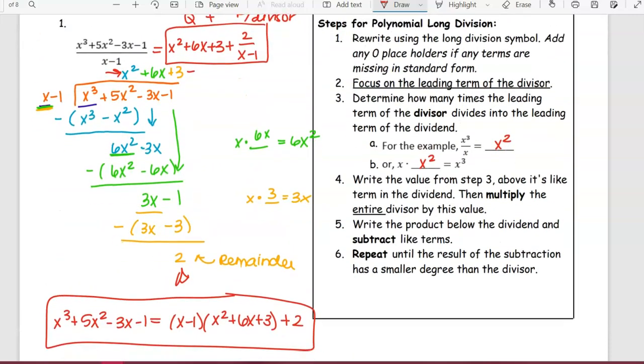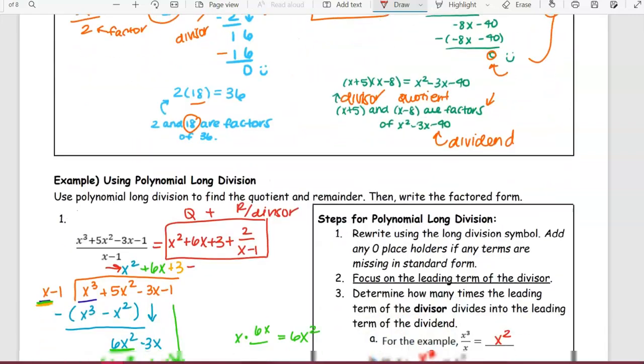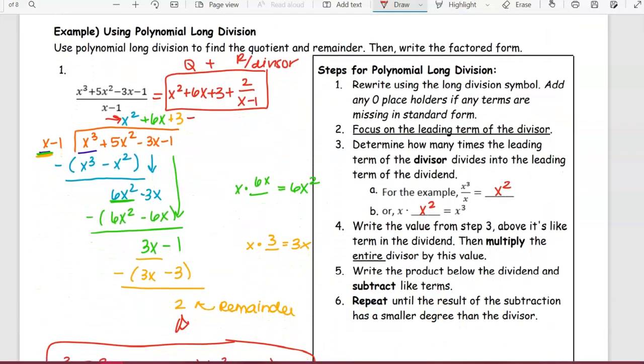Here's my answer with the quotient plus the remainder over the divisor. Also be aware that we can write it as the dividend equals the divisor times the quotient plus the remainder. Also be aware that this is true.